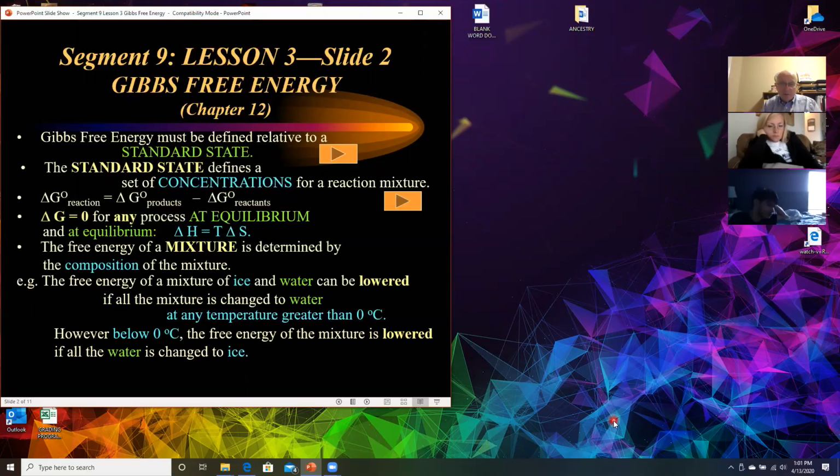But if you lower the temperature of that ice-water mixture, eventually it's all going to freeze. If you raise the temperature above 0 degrees, eventually it's all going to melt. So the free energy is temperature dependent, and it changes with temperature. There's a temperature where you will achieve equilibrium, and at any other temperature, you have a spontaneous direction.